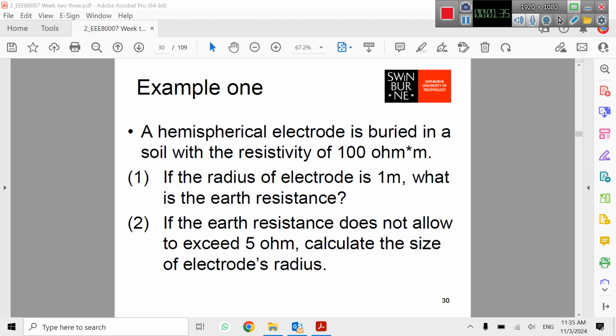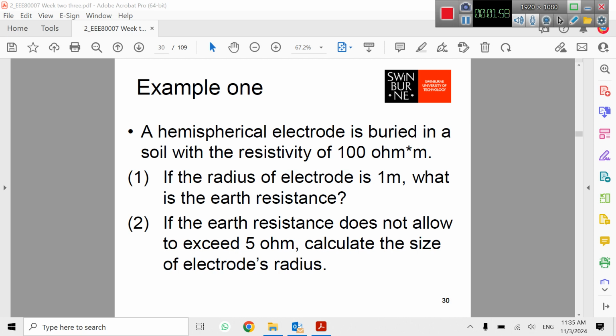So we can continue understanding this topic with an example. Assume a hemispherical electrode is buried in soil with a resistivity of 100 ohm-meters. If the radius of the electrode is 1 meter, what is the earth resistance?